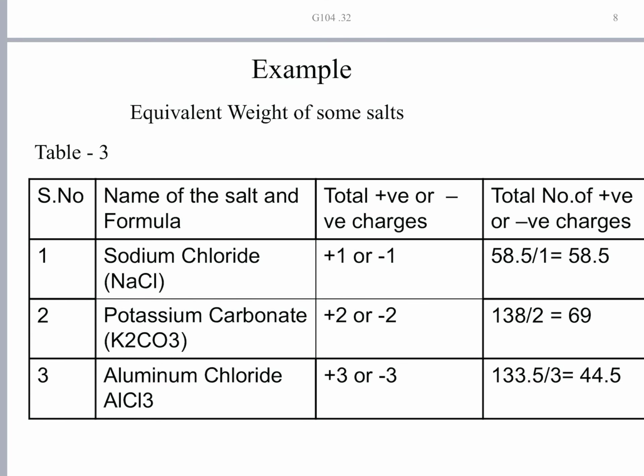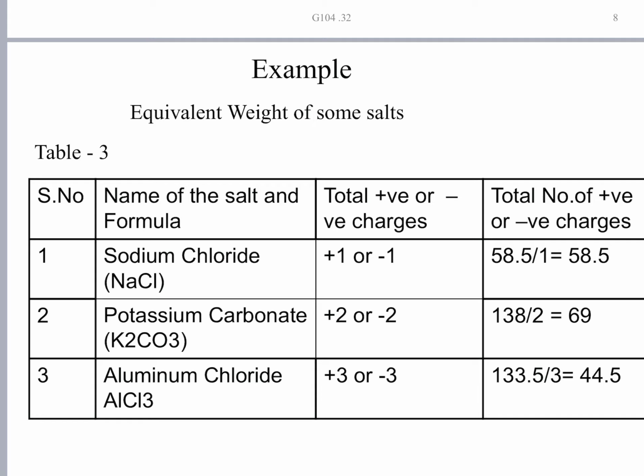The name of the salt here is sodium chloride. Let's take the first example of sodium chloride. NaCl dissociates into Na plus and Cl minus. So the positive charge is plus 1, as well as the negative charge on the chlorine is minus 1. Both positive and negative charges will be equal and opposite. For any salt to be neutral, both the charges have got to be equal and opposite, so numerically they are the same.